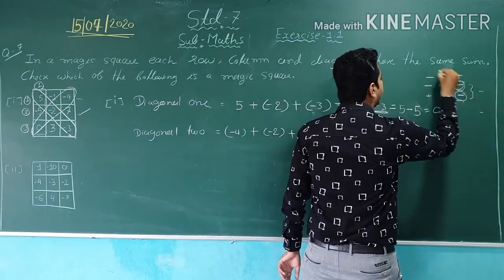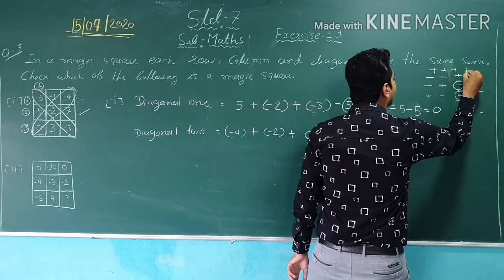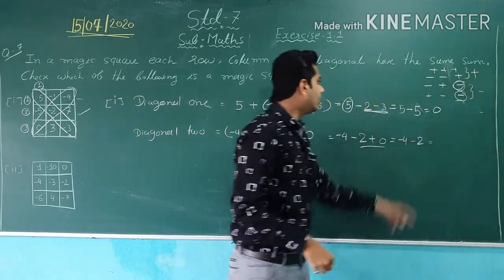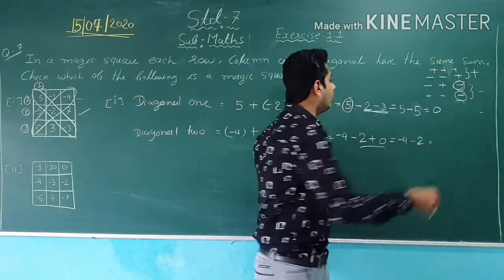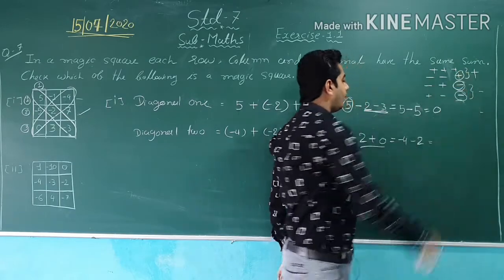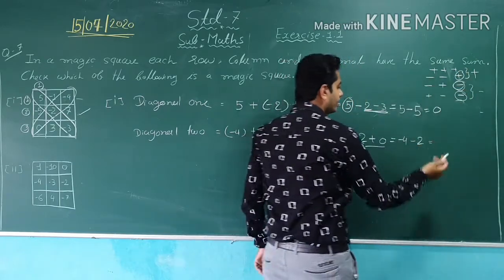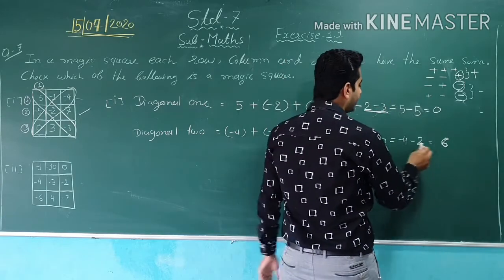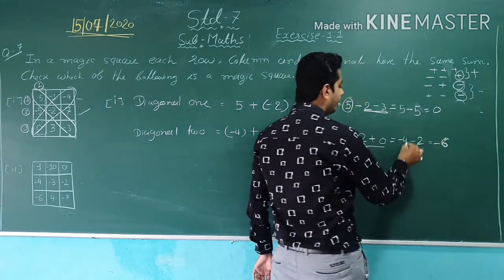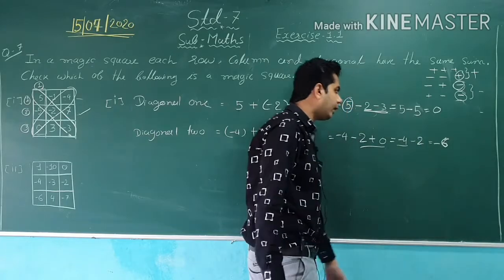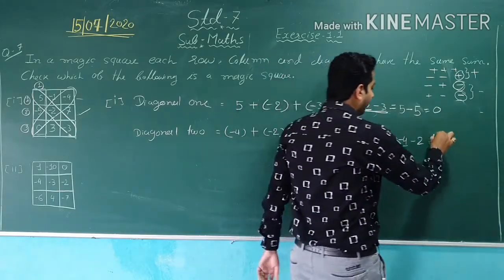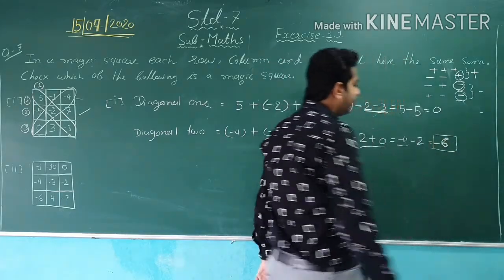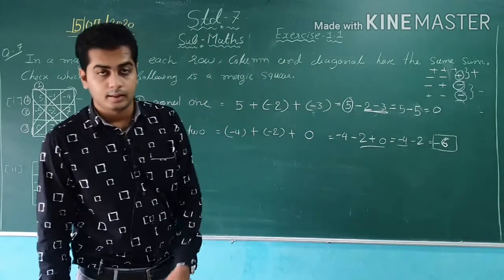Minus minus is plus, plus plus is also plus here. So minus minus plus, so what we have to perform here? We have to perform addition. So 4 plus 2 is what? 6. Now 4 plus 2 is 6, but what sign should I put here? Negative. Why? Because the bigger digit has a negative sign. So the last term we got, which is minus 6.